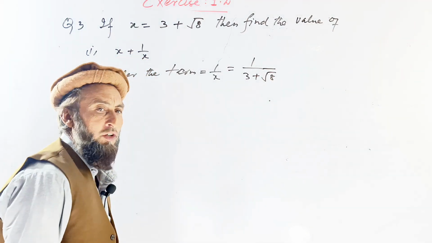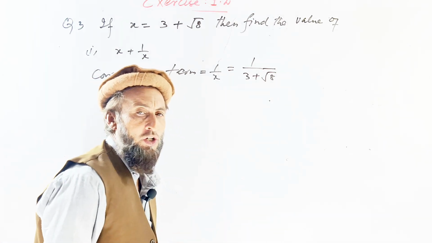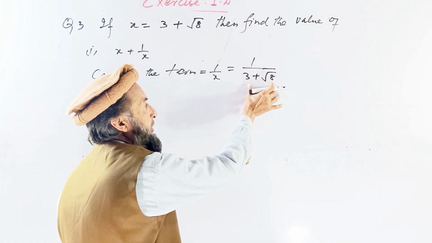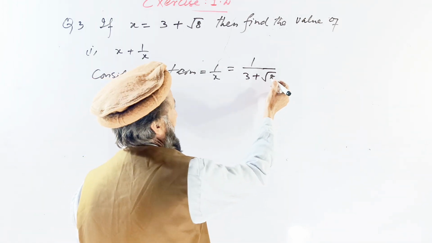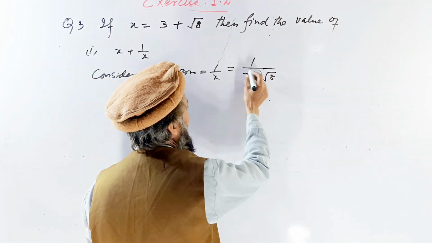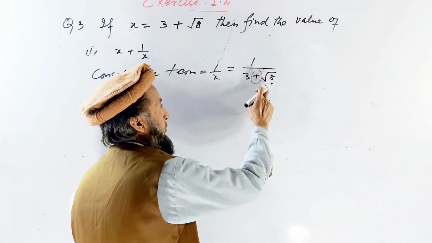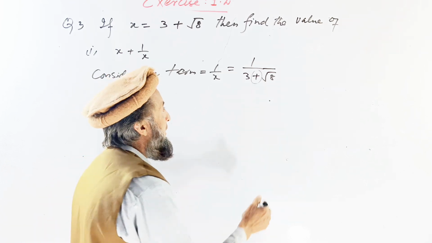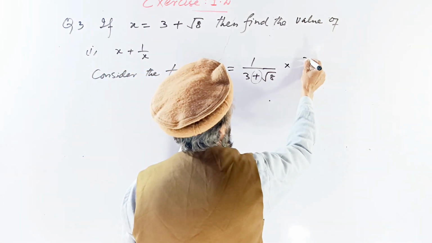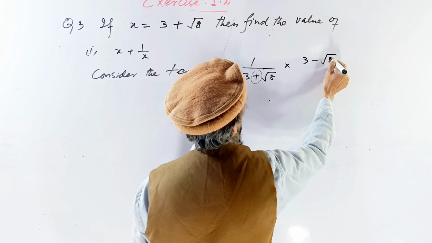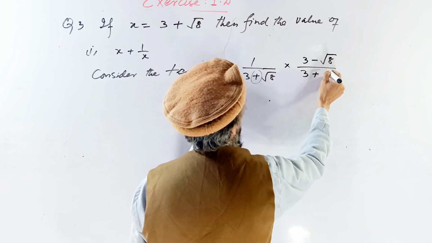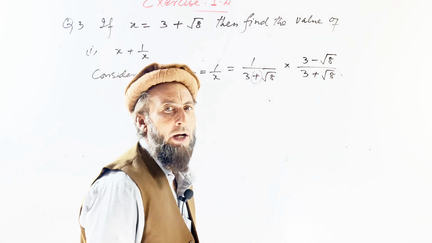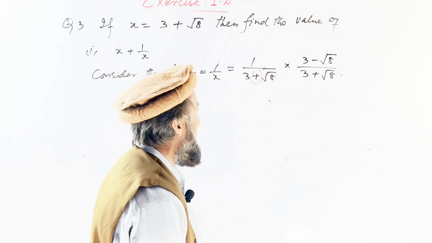Look here, dear students, we have already discussed in the first question on rationalization, if a square root is in the denominator, we try to remove it. So we take the conjugate of this term, multiply by 3 minus square root of 8 and divide by the same, multiplying and dividing by the conjugate.